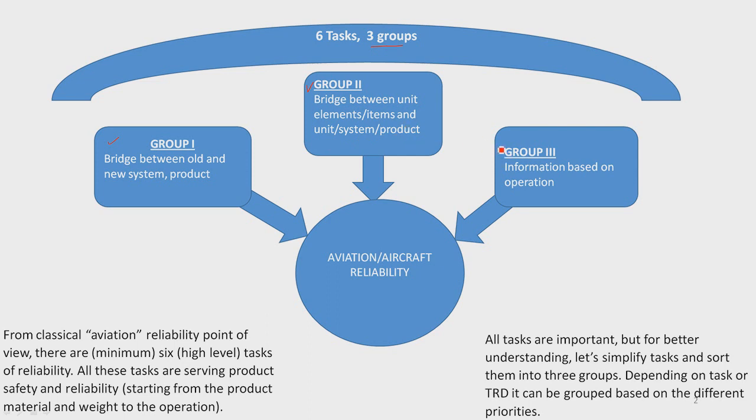And group 3 tasks I described as information based on operation. So we have real life data. And of course, in the middle, we have aviation, aircraft, reliability. Probably I need to add here safety.